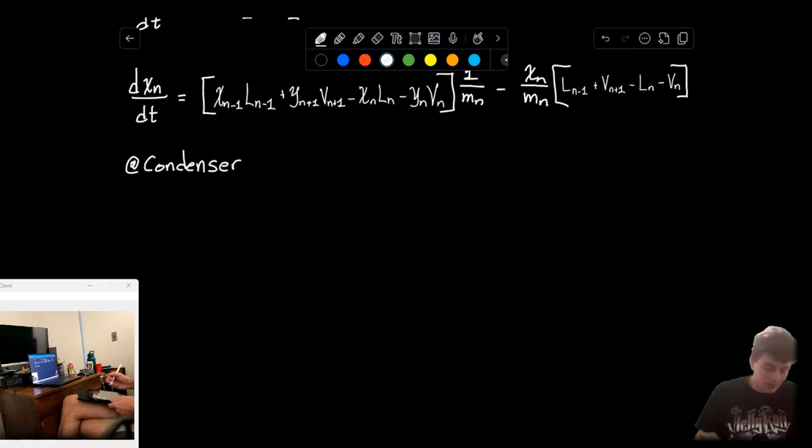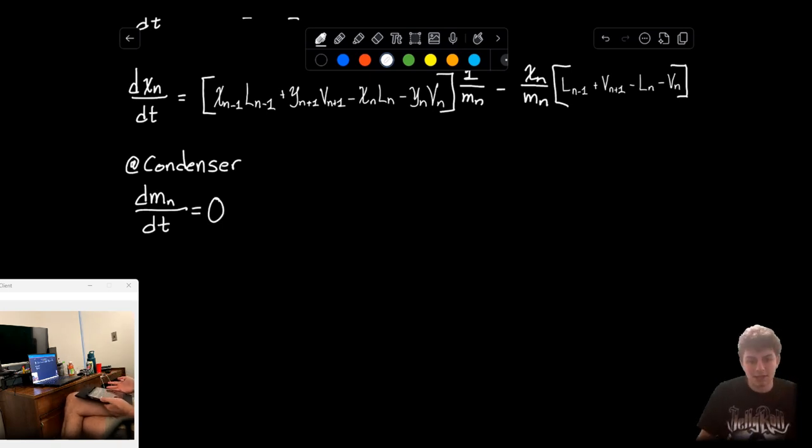And again, I'm just going to do the steady state correction right here. So this will not really apply to our simulation when it's not at steady state, but only when it is at steady state, right? So at steady state, molar holdup, and therefore mass change, should be 0.